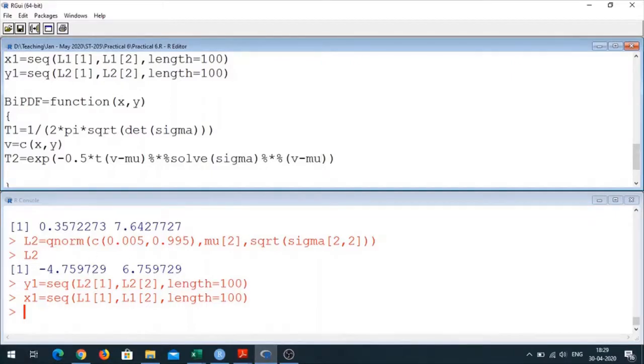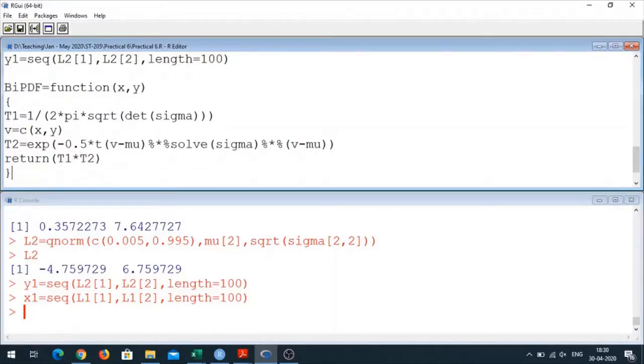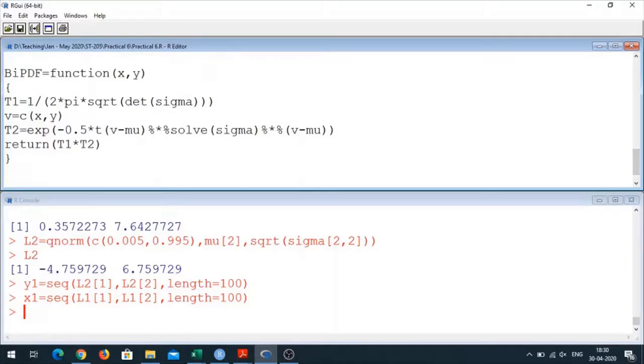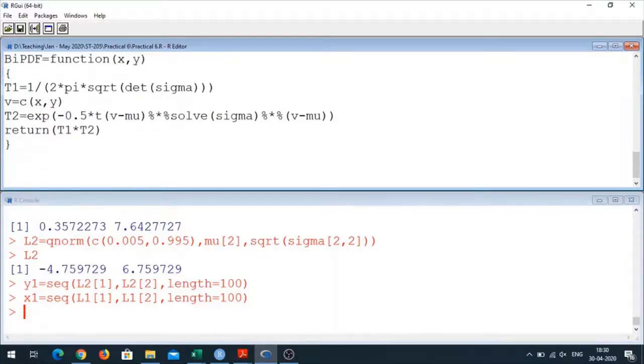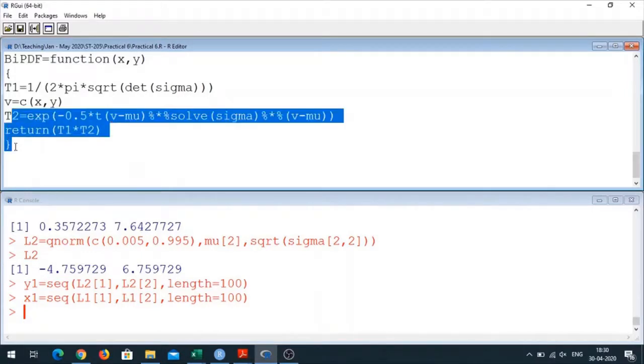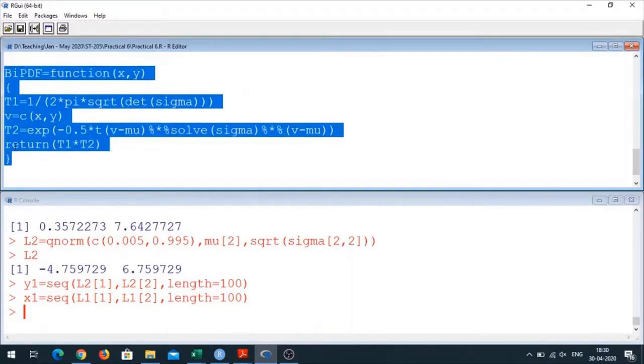Now my next term is going to be t1 into t2, because I want that to be returned as my PDF. First let us see if this works for some vector, because sometimes R creates problems with this transpose and all. So let me run this function and try it for some values.